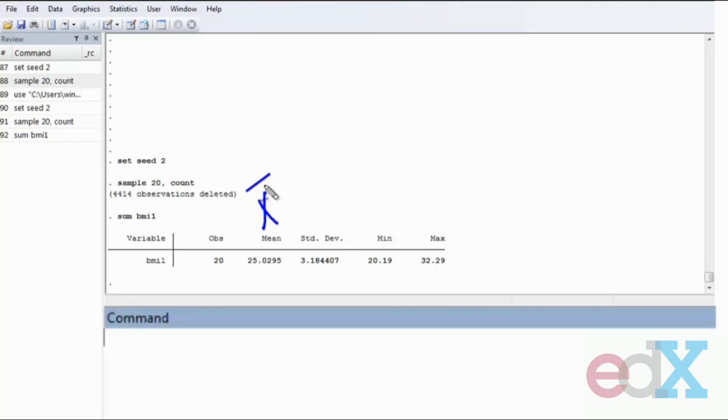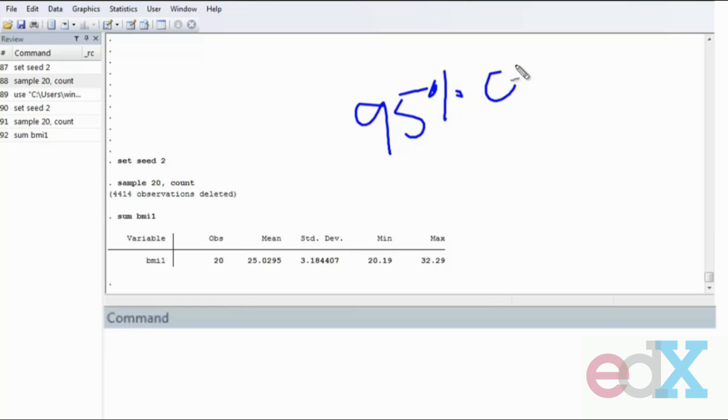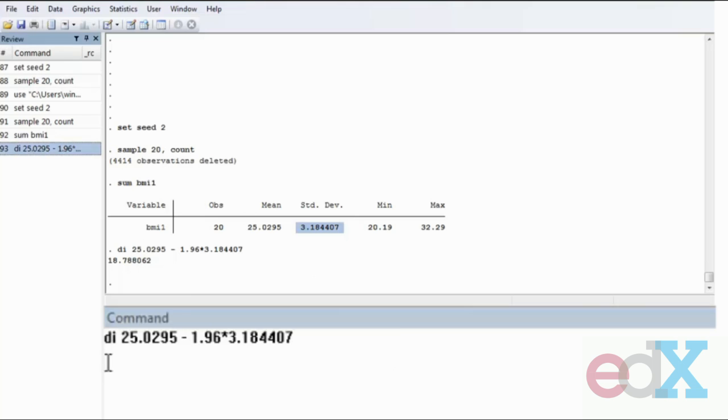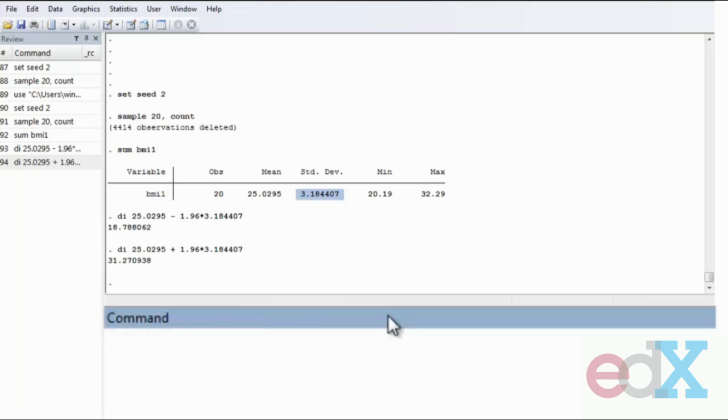We see that we have sample mean x bar equal to 25.0 and sample standard deviation equal to 3.2. Now let's construct a 95% confidence interval as if sigma was known. We saw how to do this in the previous tutorial, and I use the exact same formula.